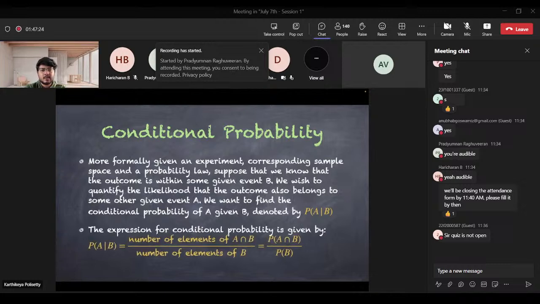The expression for conditional probability is given by P of A given B is number of elements in A intersection B upon number of elements in B. So how do you relate this to the example? What are the number of elements in A intersection B? So first, what is the set B?